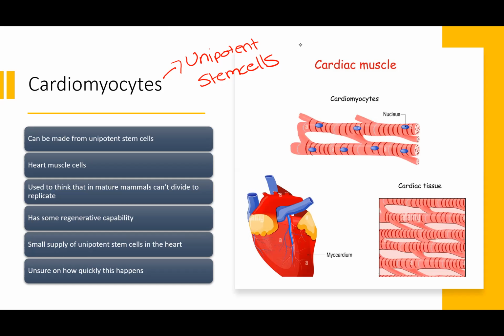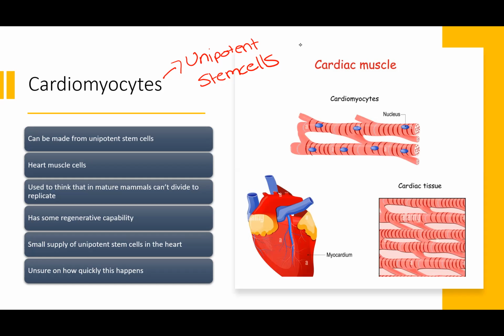So the thought was that if our heart became damaged, for example, by having a heart attack, or the cells become worn out through age, those areas of damage or worn out heart muscle would not get replaced.